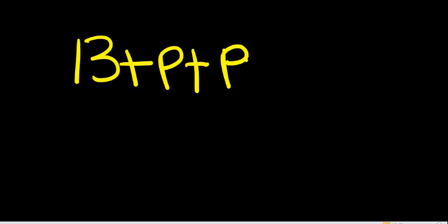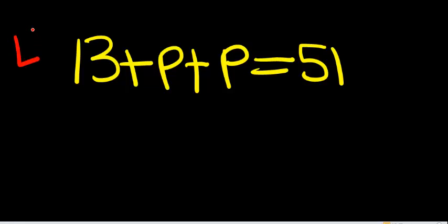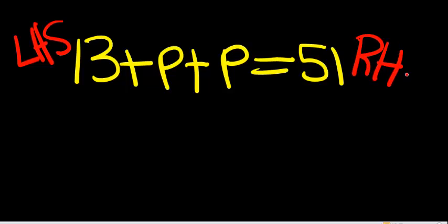So we're going to combine like terms. Our equation was 13 plus p plus p is equal to 51. This is my left-hand side of the algebraic equation, and this is my right-hand side.